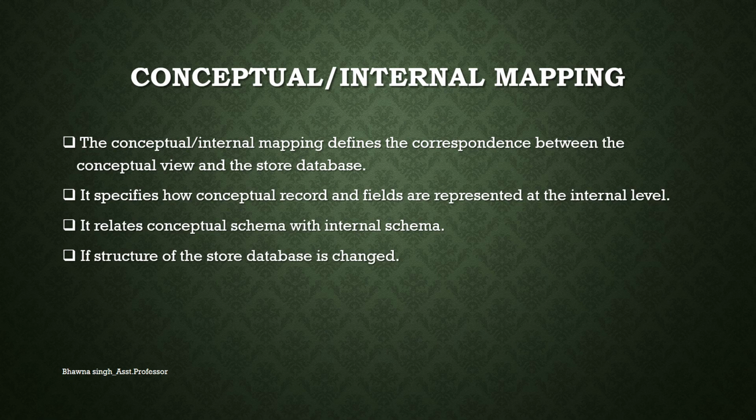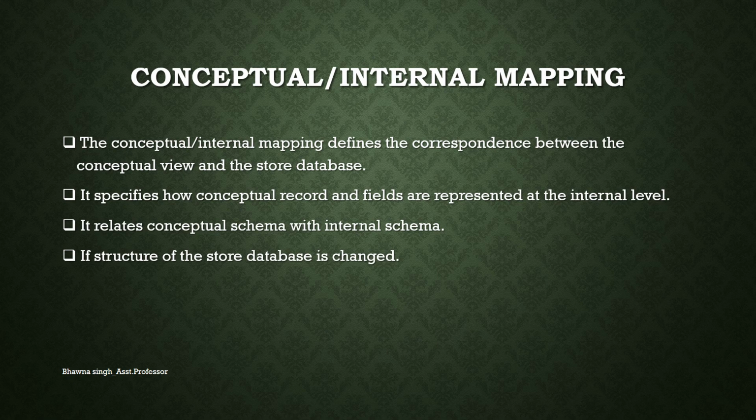It specifies how conceptual records and fields are represented at the internal level. That means it is specifying the correspondence between both of the levels, that is the conceptual level at which the table and field names are stored, and the internal level at which the database is stored in the form of bits or in the form of files.